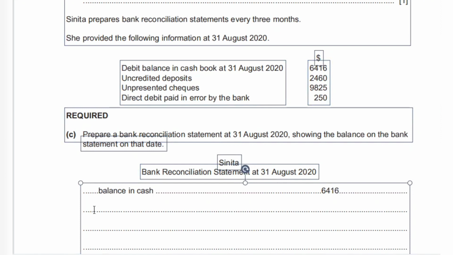So we'll add unpresented checks that are 98,825. Then we have uncredited checks that will be deducted. I'm sorry. Balance in cash is a debit balance, so we'll deduct unpresented checks and we'll add uncredited checks.